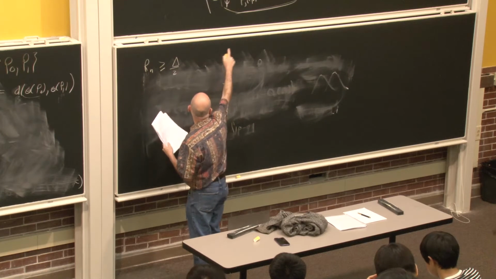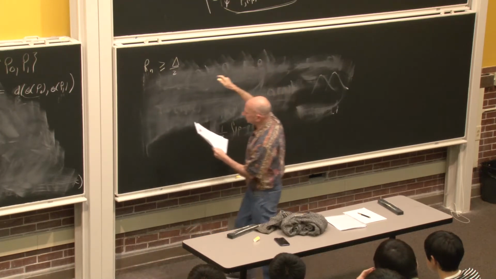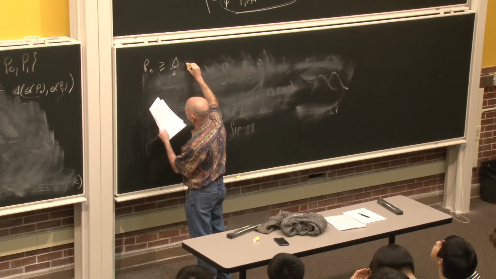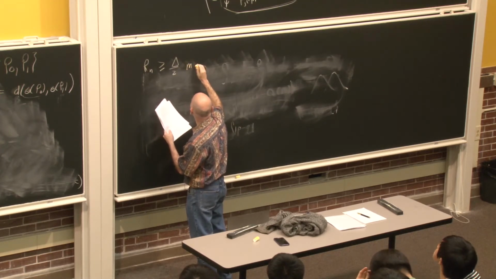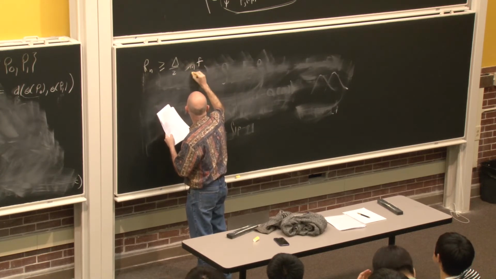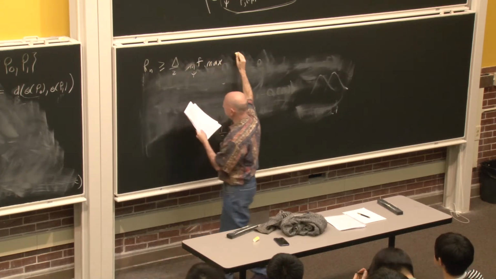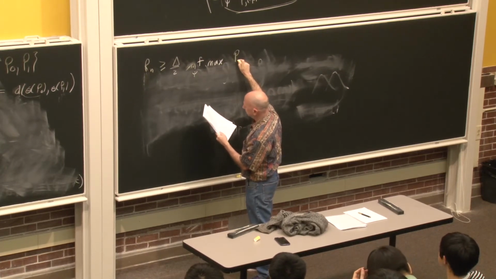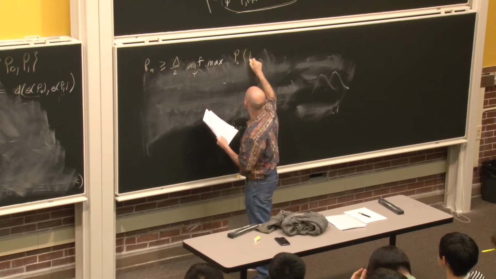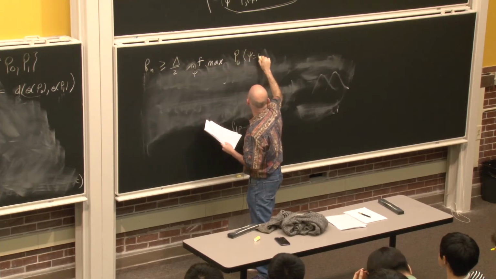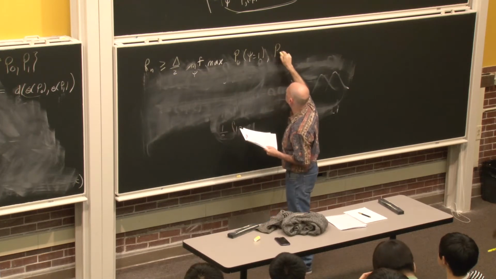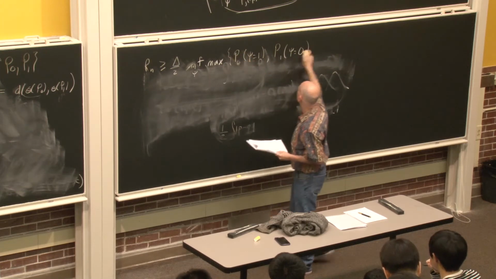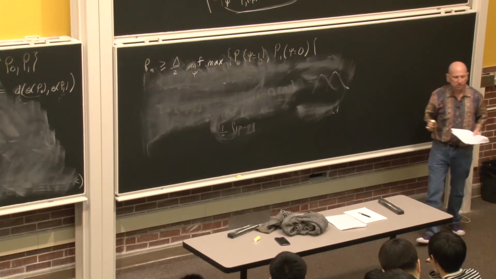And what is this? There's only two distributions, so it's simply the maximum of these two things. I'm just rewriting what I have up there for two distributions.